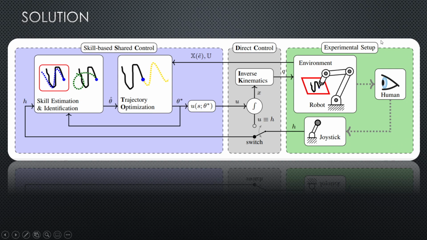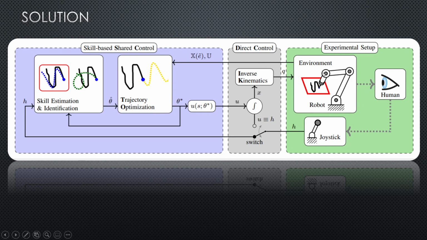Initially we just have this experimental setup where the operator uses direct control to use these h inputs, and basically then using inverse kinematics for the robot joint controls.